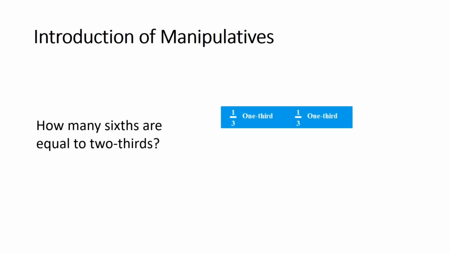You can also ask a question like, how many sixths are equal to 2/3? Here are your 2/3. The students will then get the sixth tiles and match them and tessellate them with the 2/3 so that we can see that there are 4/6 in 2/3.